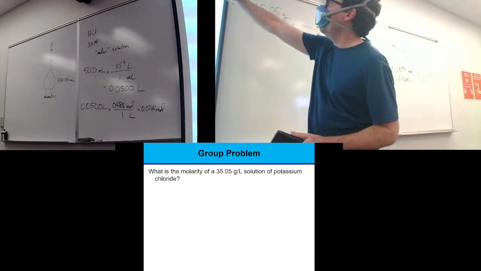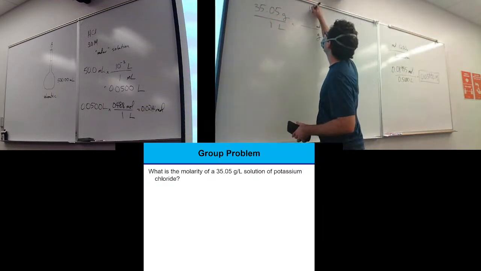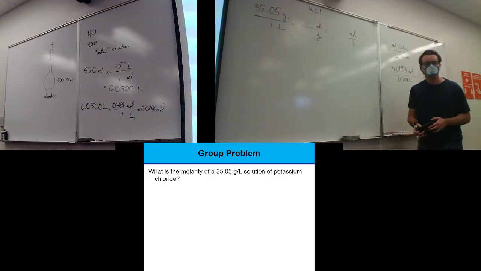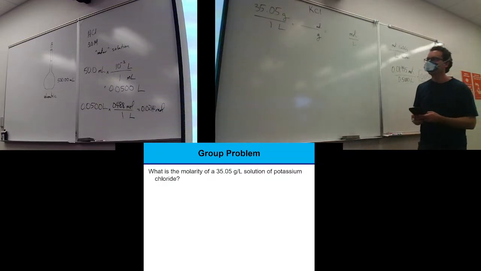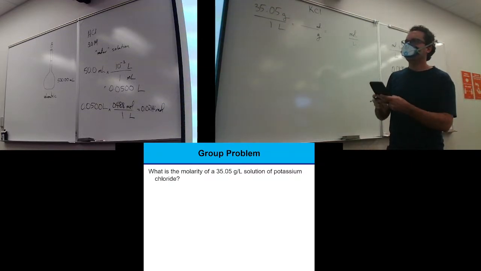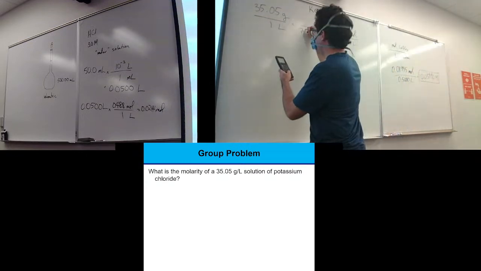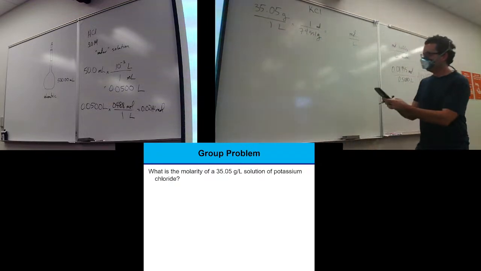So I need the molar mass of potassium chloride. This is the formula for potassium chloride, K plus, Cl minus, which is 1-to-1. So 39.0983 and 35.4527 is 74.551 grams per mole.